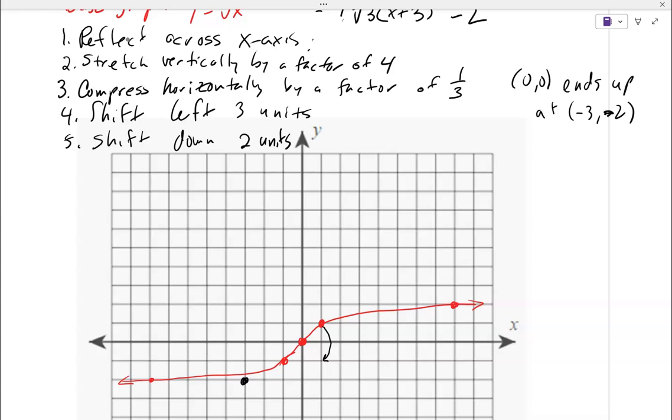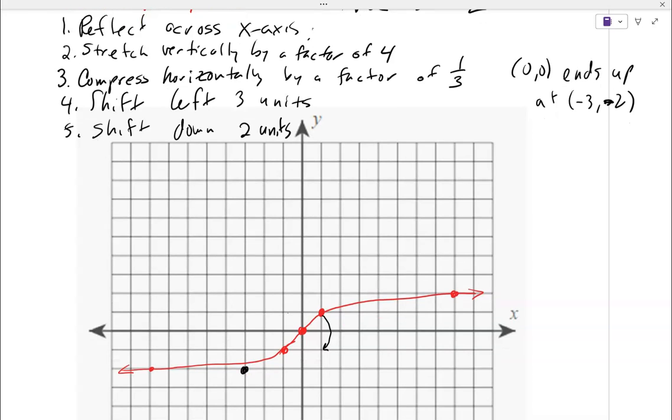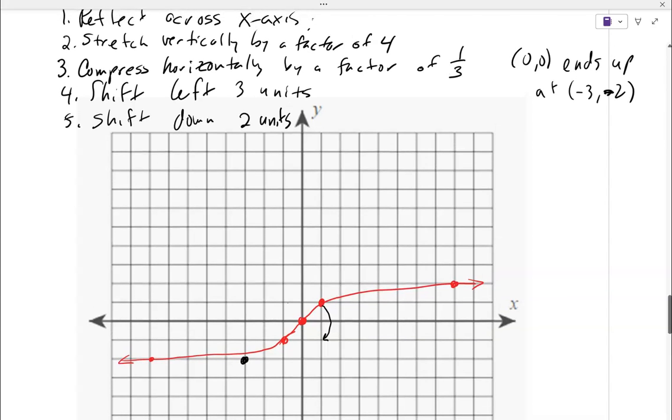Just say where we're going, okay? Reflect it, then what happens? Stretches it by a factor of 4. So instead of at -1, it's going to go to... this point has a y coordinate of -1. What's it going to end up being? -4. Yeah, it's just going to go down to here, right?